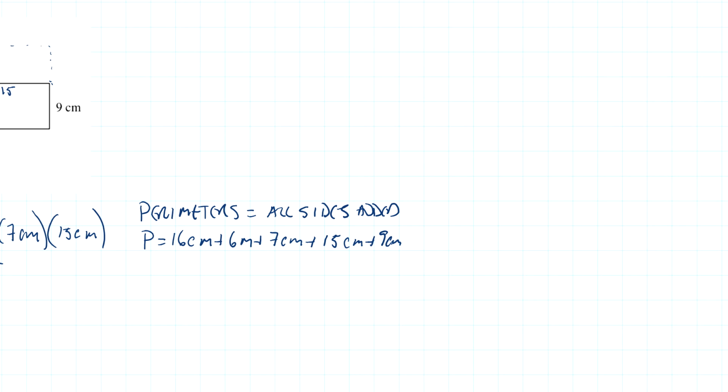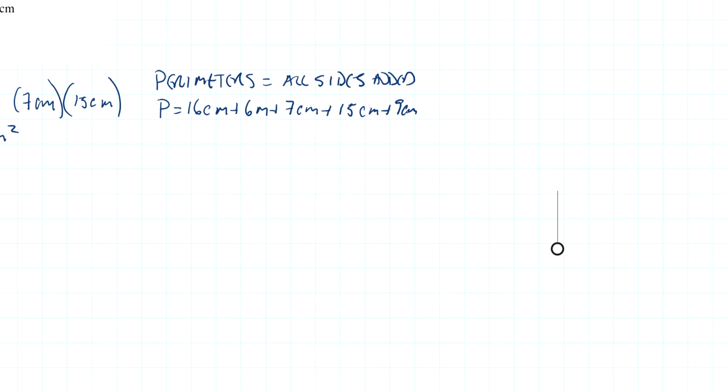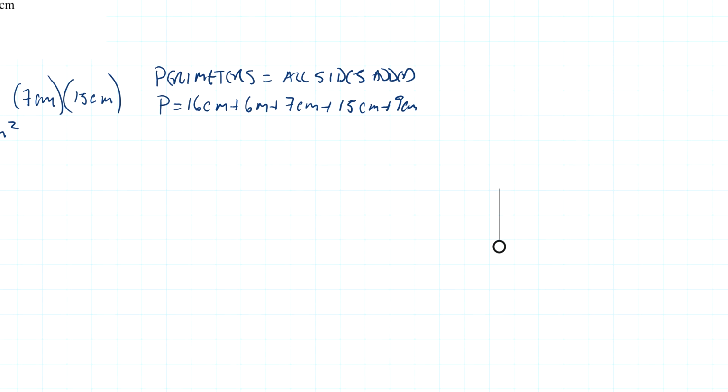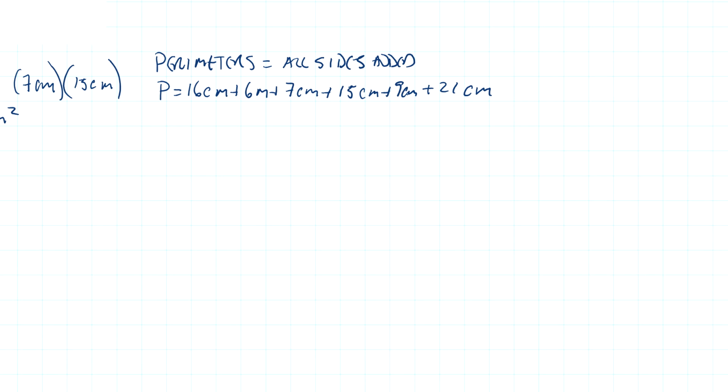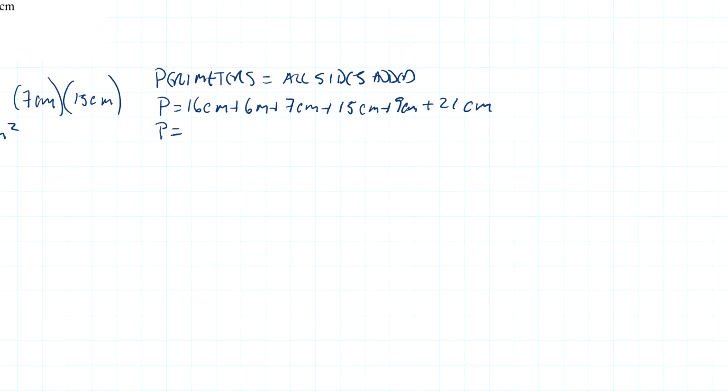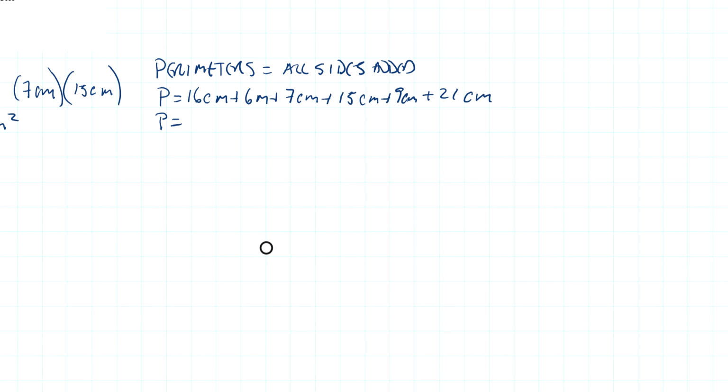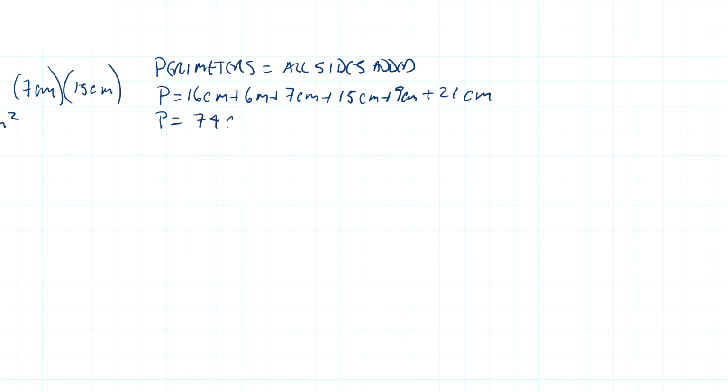All right, let's try that. 9 centimeters plus 21 centimeters plus 21 centimeters equals perimeter equals, and so then I need to add those all up. 16 plus 6 plus 7 plus 15 plus 9 plus 21 is 74 centimeters. So 74 centimeters is the perimeter.